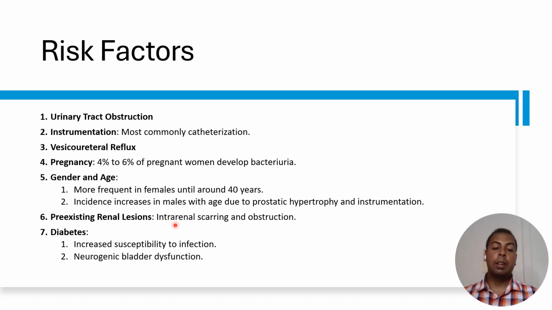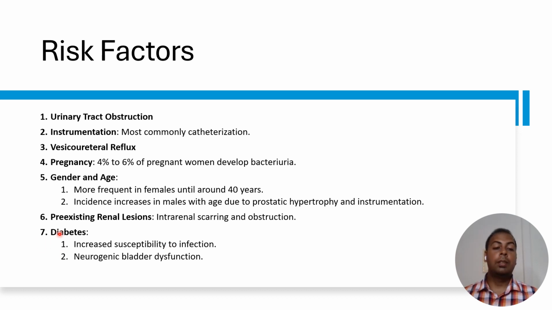Pre-existing renal lesions like intrarenal scarring and obstruction could facilitate the growth of microorganisms and bacteria by acting as a nidus for proliferation. Diabetes, high glucose levels would increase susceptibility to infections, so that increases the risk for pyelonephritis. And we do see an increased incidence of pyelonephritis in diabetic patients.